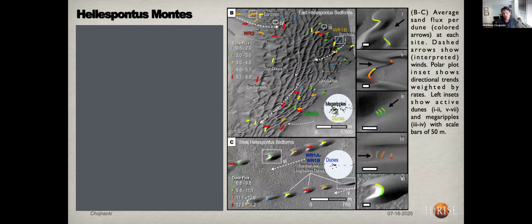But it's not always evident because you don't have those contemporary wind markers like wind streaks or active ripples in that area.